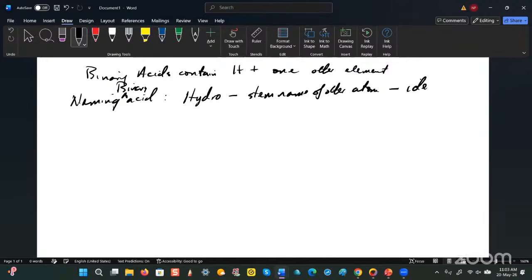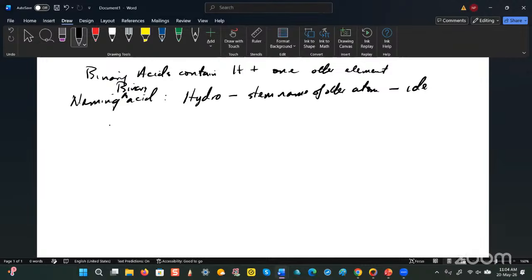So for all binary acids, we start off with hydro, the stem of the name of the other element, and then the IDE ending. All right. So let me do a couple of examples.